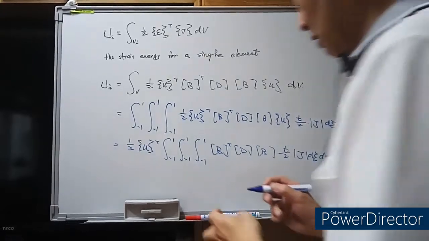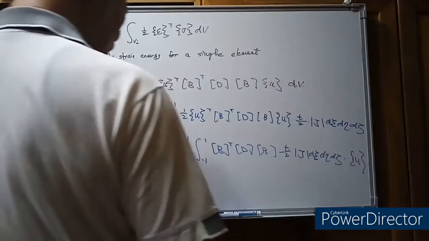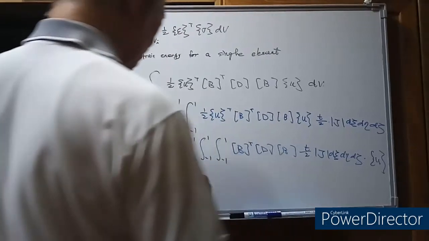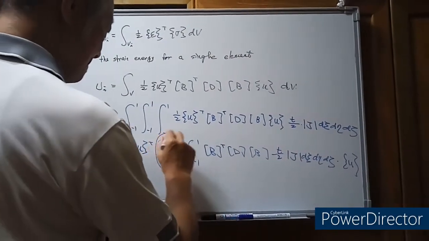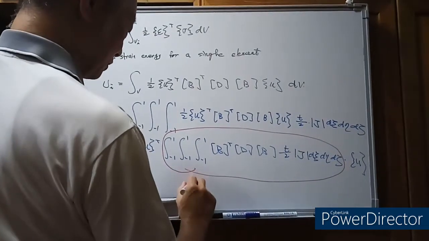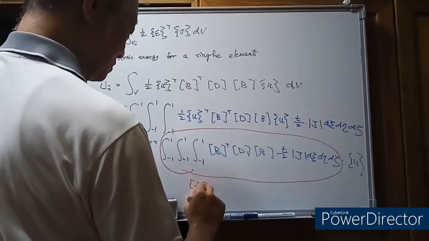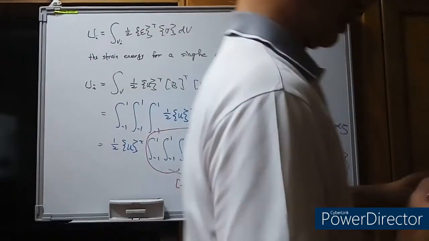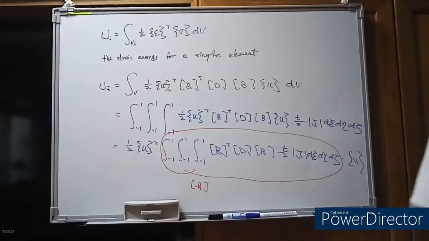Then the integration of this one can give you the K matrix.